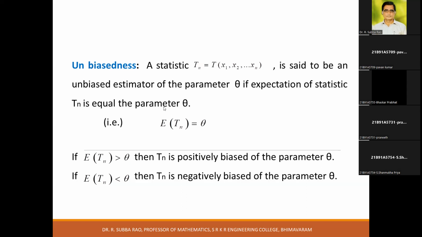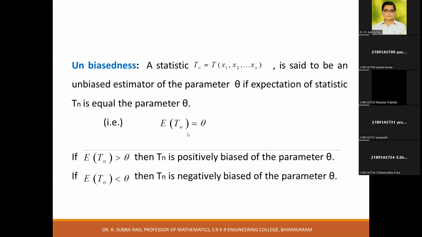That means the expectation of the statistic is equal to the parameter. Then I can say that this is a good estimator, an unbiased estimator. The expectation of Tn is equal to theta: the expected value of the sample statistic is equal to the true parameter value. That is what I call unbiasedness.